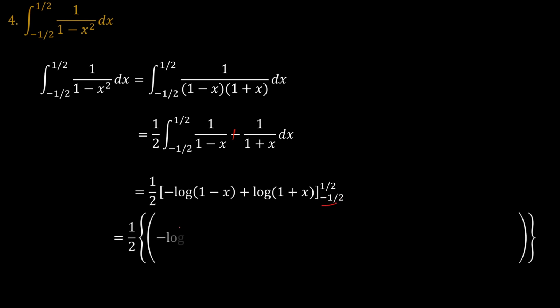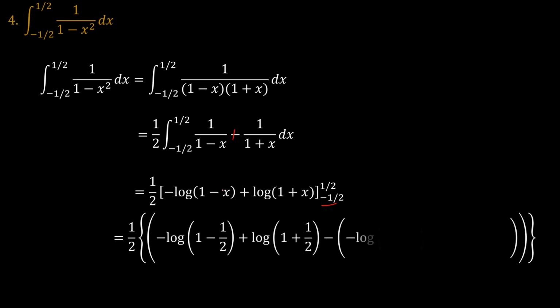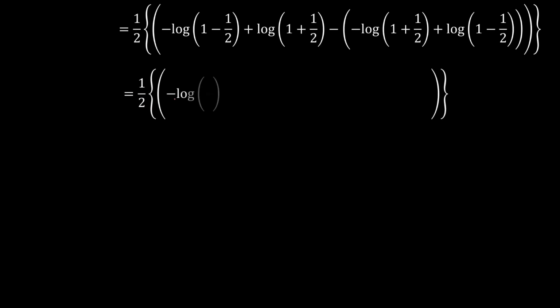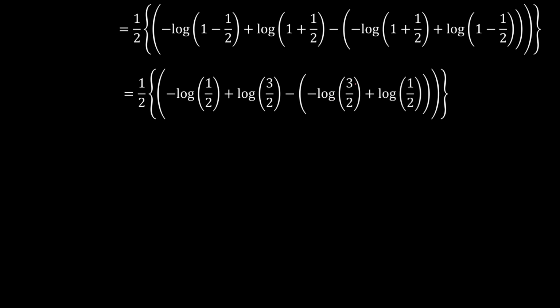So when substituting the limits appropriately, 1 minus a half for this, 1 plus a half for this, minus 1 plus a half for this, and then 1 minus a half. So what we're left with here is a half into brackets, negative log a half plus log 3 over 2, minus another big bracket, negative log 3 over 2 plus log a half.